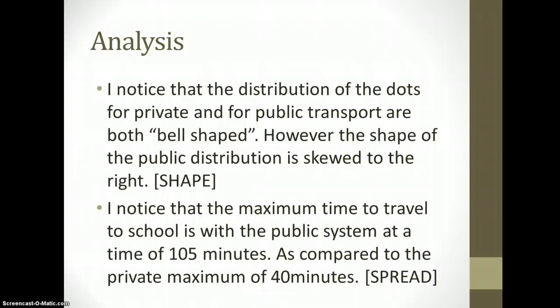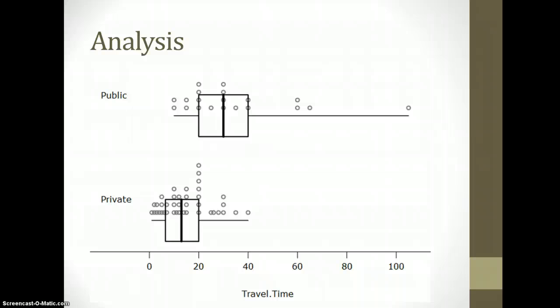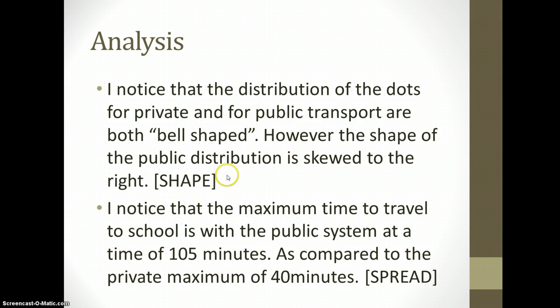However, the shape of the public distribution or public spread is skewed to the right. Public skewed to the right, tail to the right. Okay, great comment on shape. Secondly, I noticed that the maximum time to travel to school is with public transport system at a time of 105 minutes compared to the private maximum of 40 minutes.